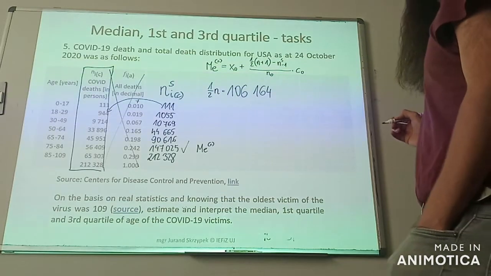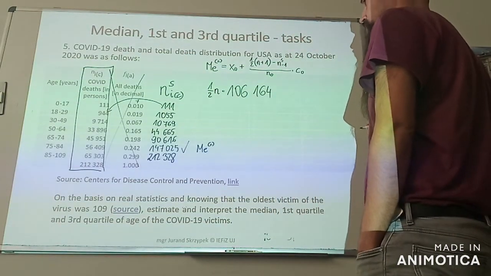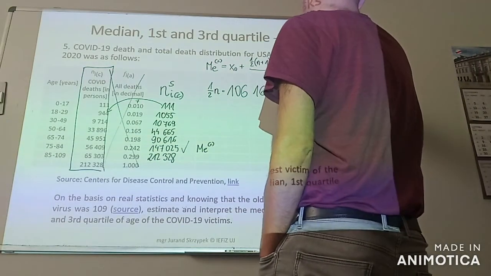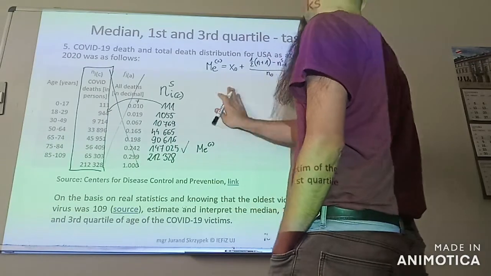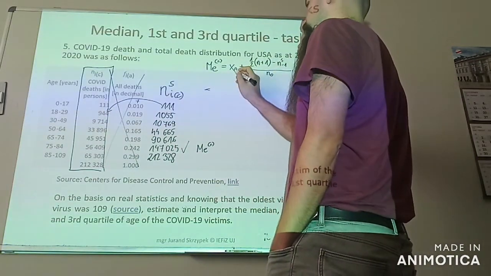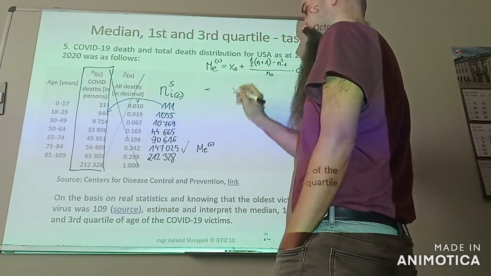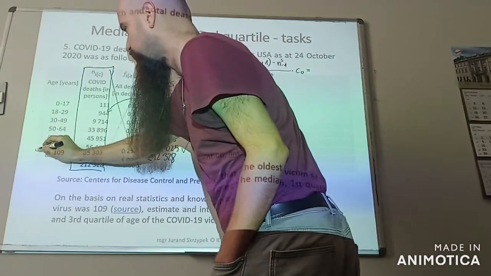Therefore, let's compute the median here. The median here is equal to x0, the lower bound of the median class, 75.